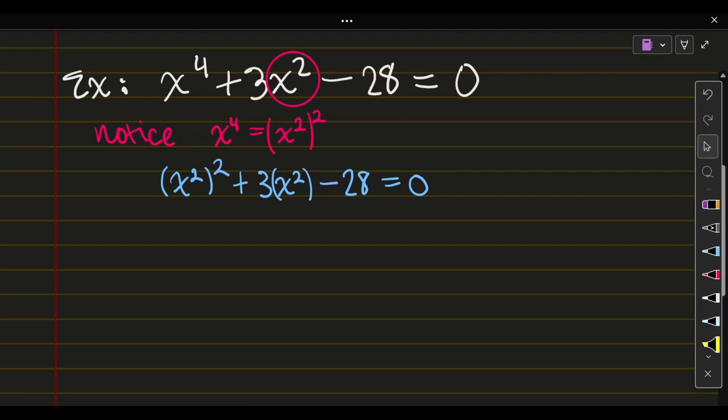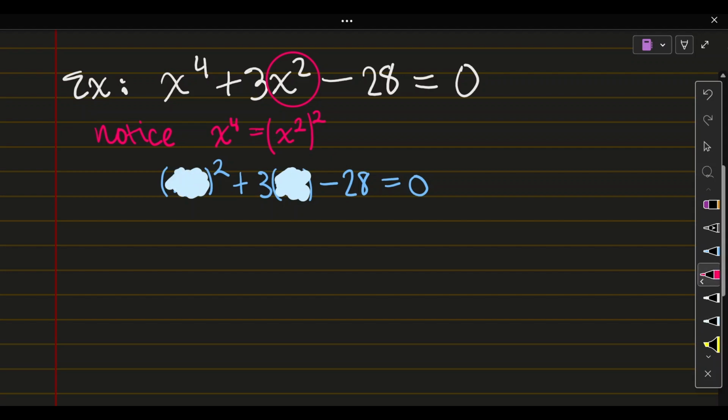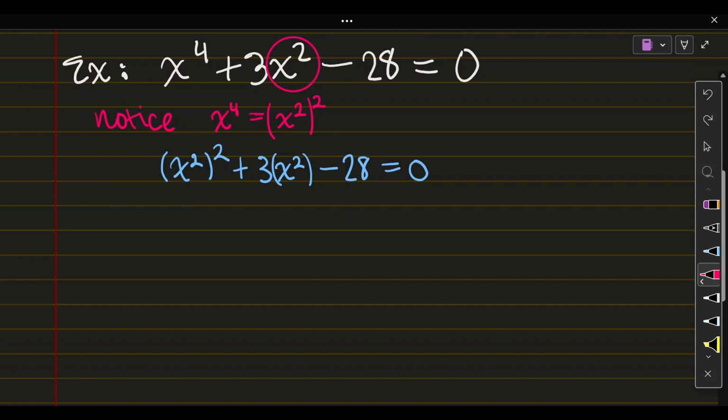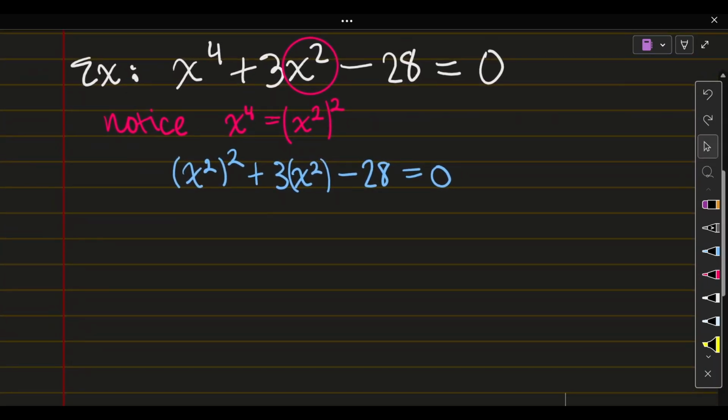0. And this, if I ignore what's going on in the things here, and I just pretend that this is like x, this looks like a quadratic. So what I'll do is I will do what's called a variable substitution.